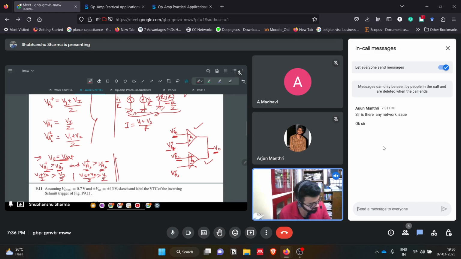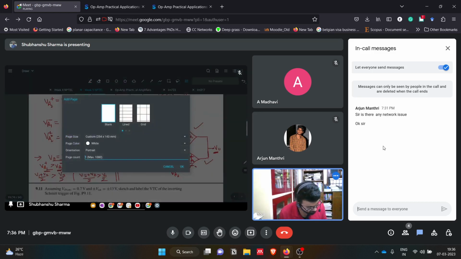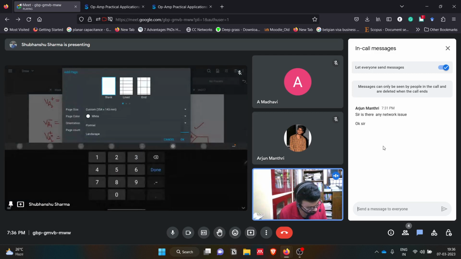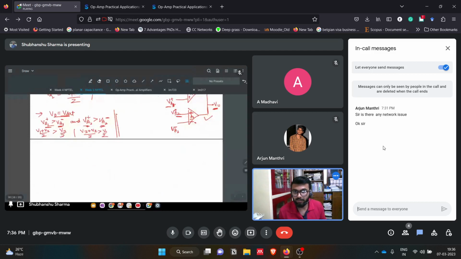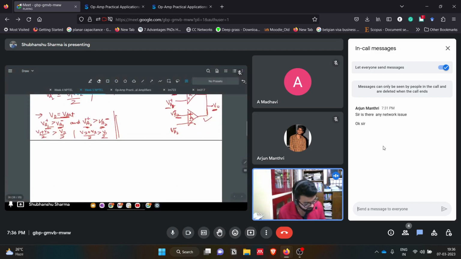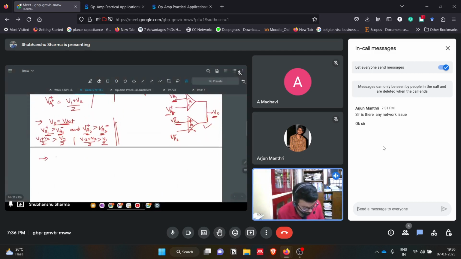Okay, I'll just add one page here. Now when we have V naught equal to minus V saturation, these conditions will be reversed.